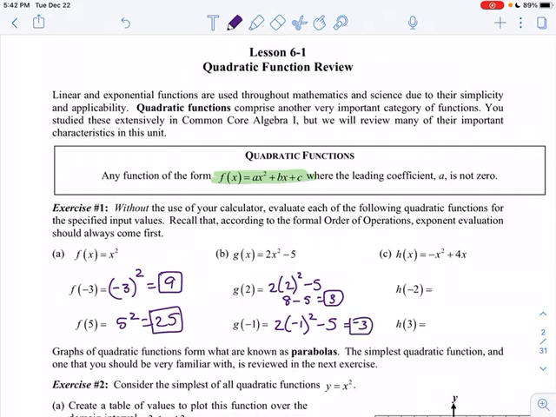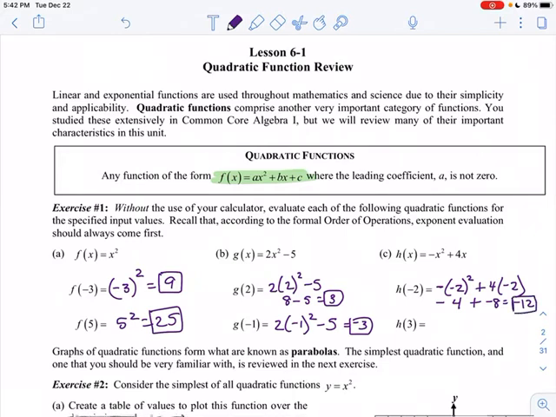And h of x equals -x squared plus 4x. This time the negative's out there, but the negative's not being squared. So there's a negative, and then x happens to be -2. That will be squared, but there's a negative sign hanging out in front, and 4 times -2. So -2 squared is +4, but then this negative is hanging out in front, and then 4 times -2 is -8, so that gives me -12.